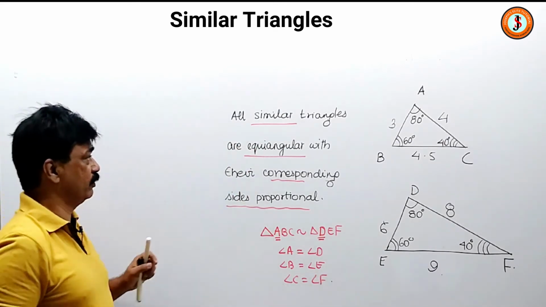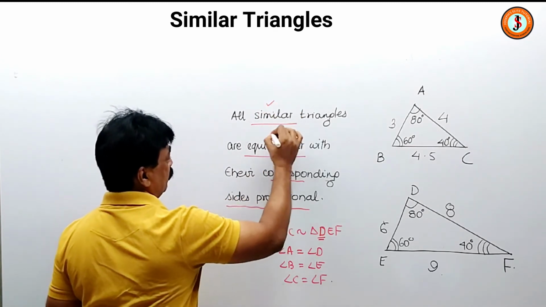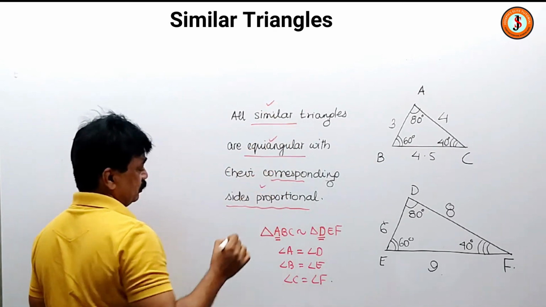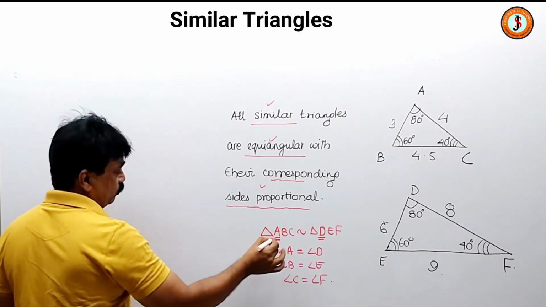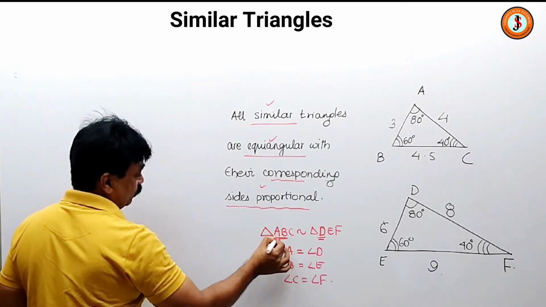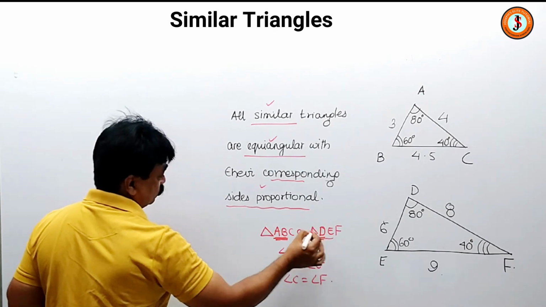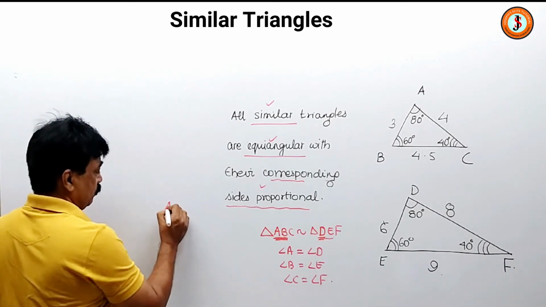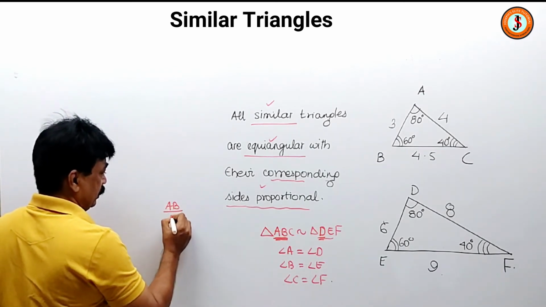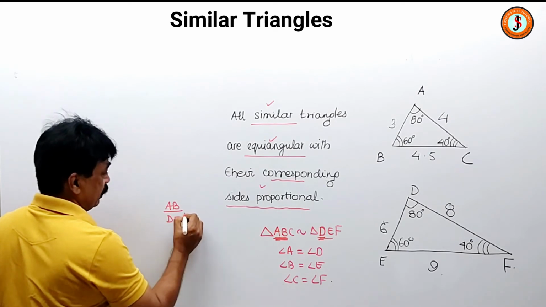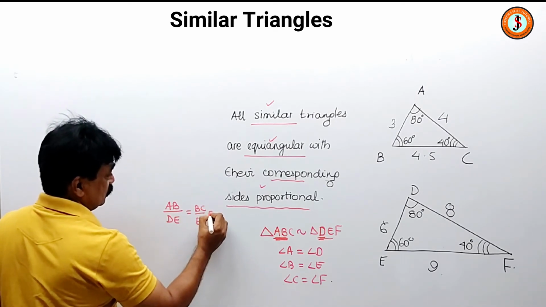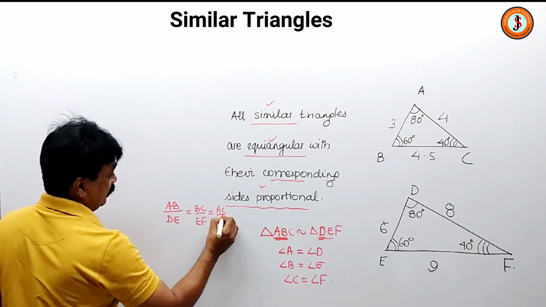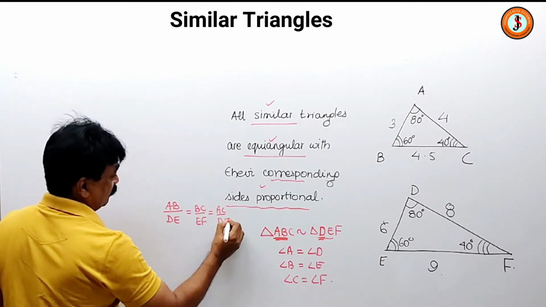I have written equiangular, but I will not stop there. I have to write the third thing: corresponding sides proportional. So how do I get the corresponding sides without looking at the figure? AB by DE is equal to BC by EF is equal to AC by DF.